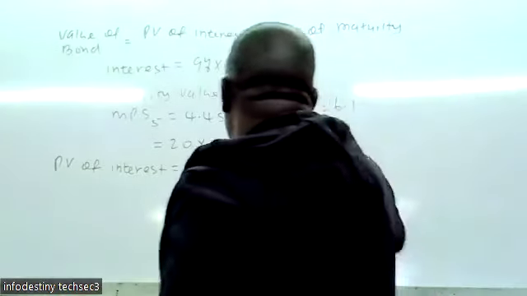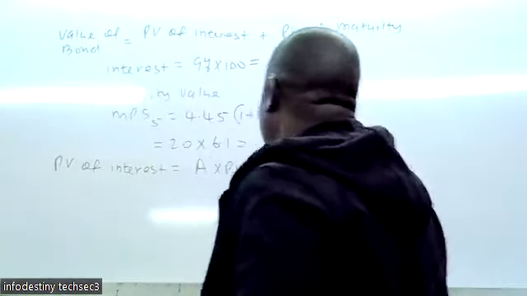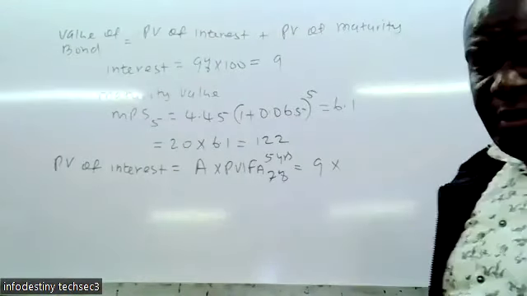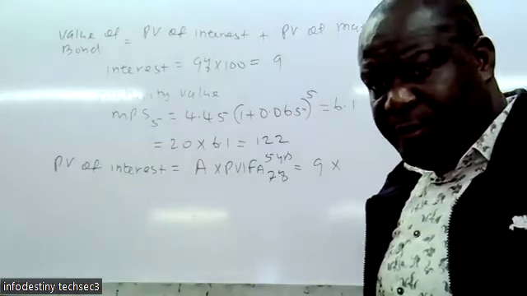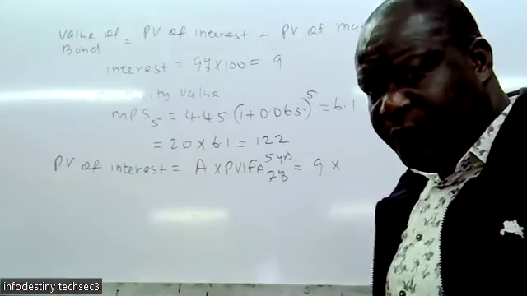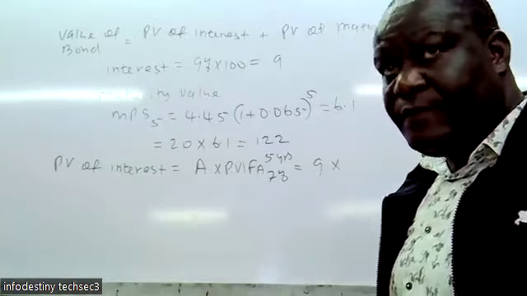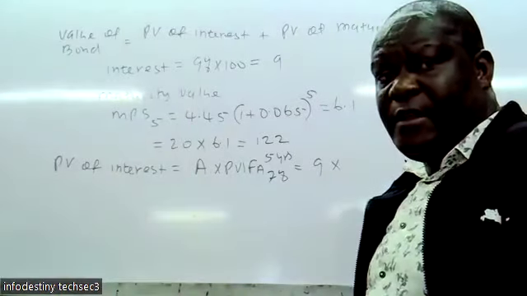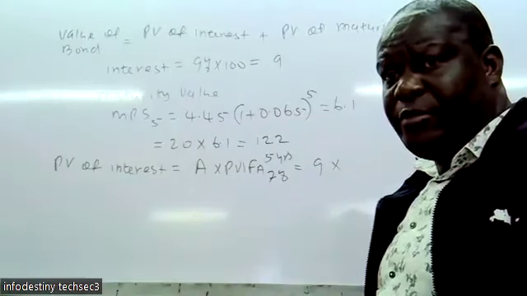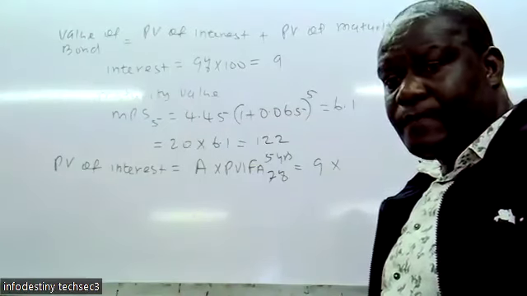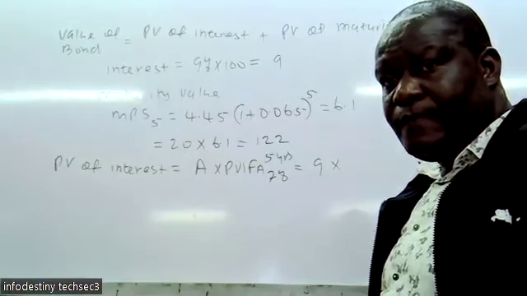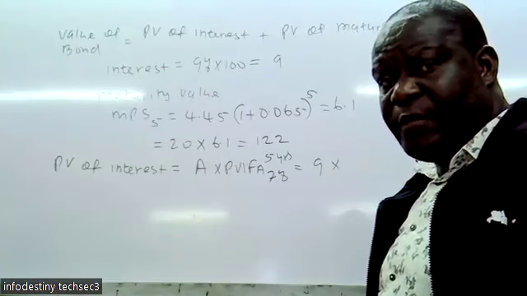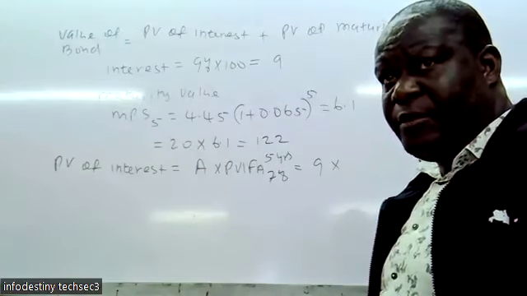The interest we got is 9. So simply confirm to me, what is 7% in year 5 in the annuity table? What value do you have in your tables?